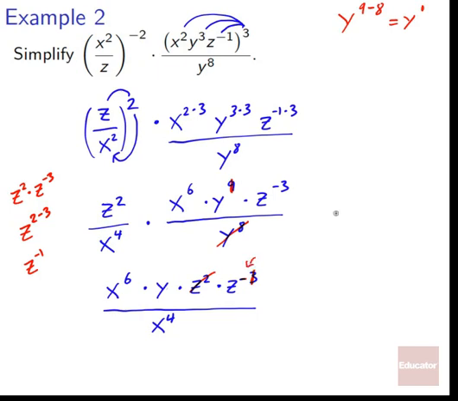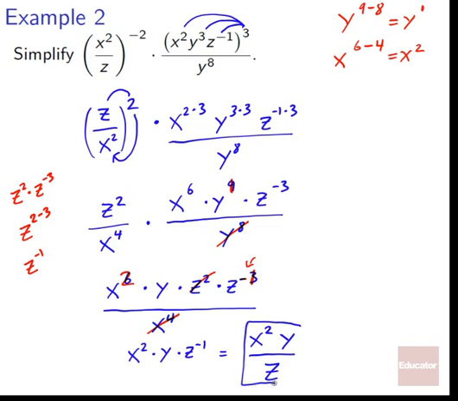x to the 6th divided by x to the 4th, that'll cancel out all but 2 of these, which we could also see as x to the 6th minus 4, which equals x squared. So we've got x squared times y times z to the negative 1, and since z to the negative 1 is 1 over z, we can write this as x squared y all over z.